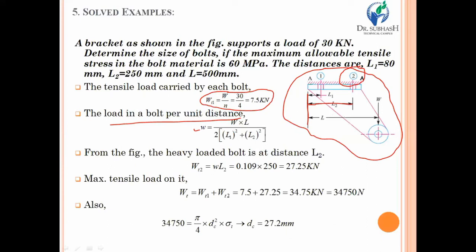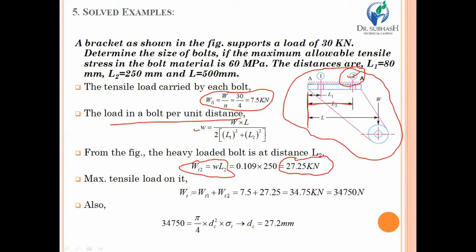So our heavily loaded bolt is located at L2, so bolt number 2 is the heavily loaded bolt. For this bolt, we should calculate the load acting on it, and that is WT2, which is equal to small w into L2. It will give us 27.25 kilonewton.